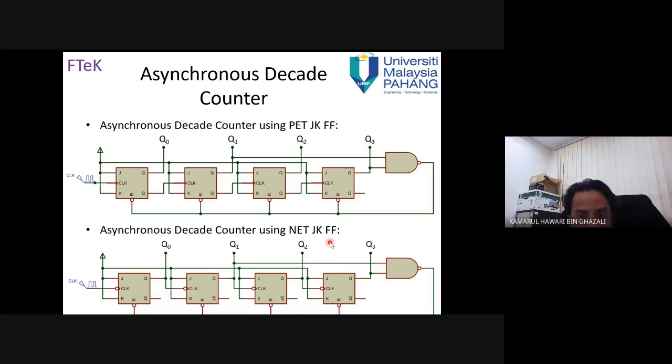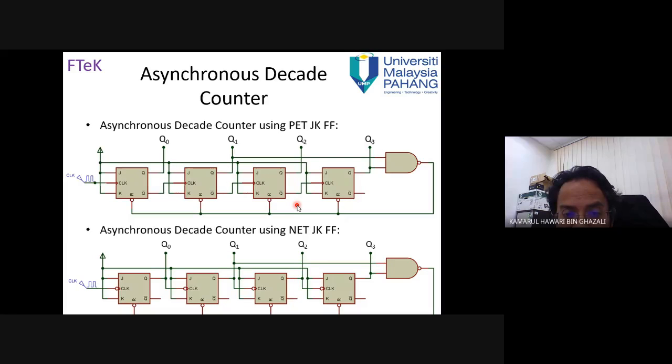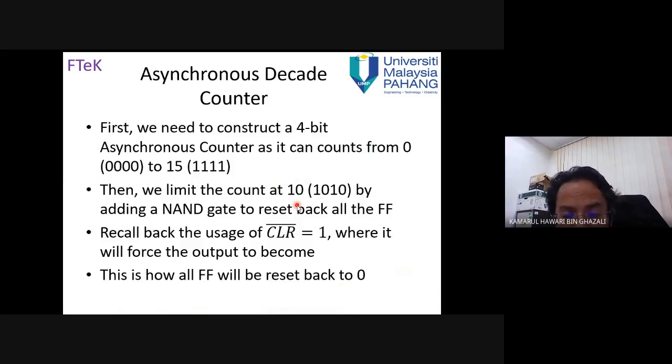So if you look at this carefully, this input of NAND gate is coming from Q1 and Q2. So bila kita perhatikan dekat sini, our preset ni, kita ada bubble dekat situ, means that the clear or preset ni, it requires logic 0, kan?